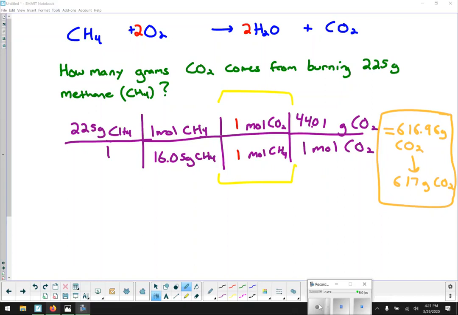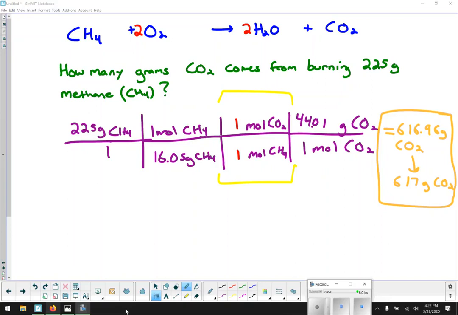So this is stoichiometry, and I will come back on tomorrow with another quick video of me doing a couple problems, but again, it's really just conversions with one additional thing. This conversion from moles of one chemical to moles of a different chemical. Other than that, it's just molar conversions that you have done.